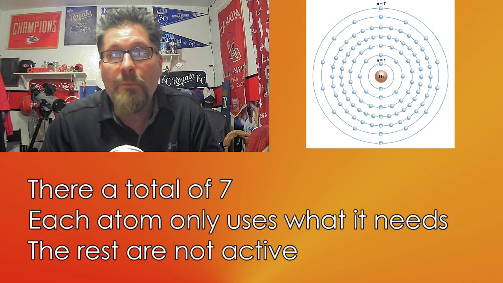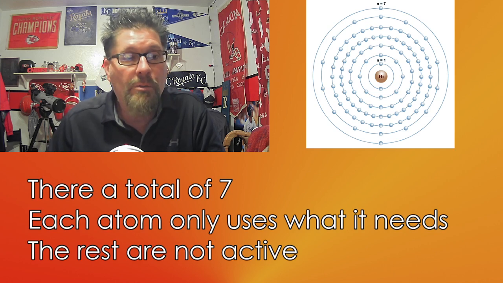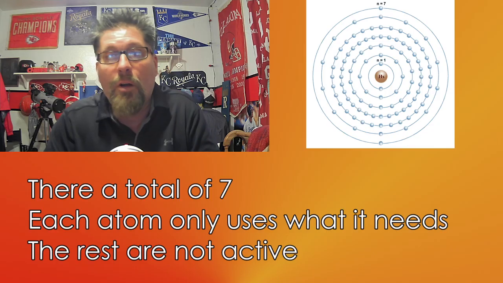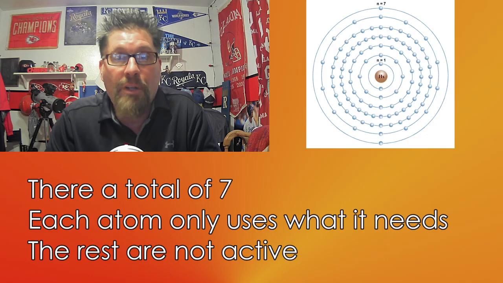Our next concept to consider is a reference to the shells. The places where the electrons are located are called shells. They surround the nucleus. There are 7, but these are energy fields.